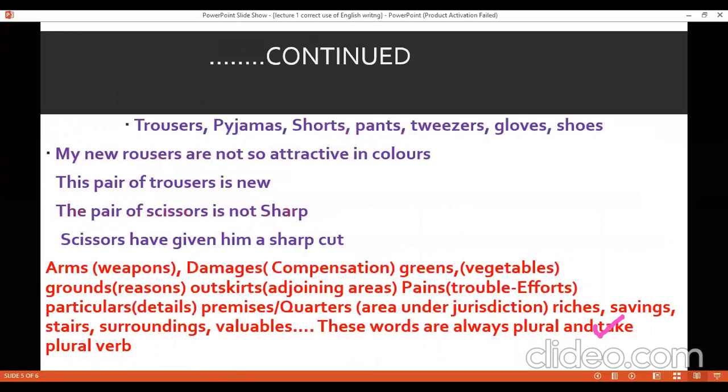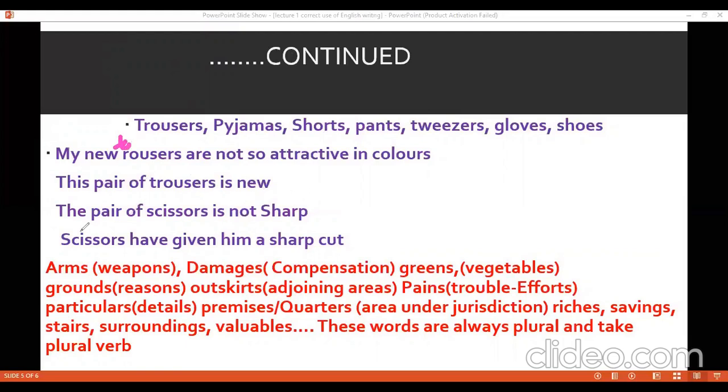Now, clothes and other instruments like trousers, pajamas, shorts, pants, tweezers, gloves, shoes. These are also plural. My new trousers are not so attractive in color. But if we use the same principle, a pair of, they will become singular.